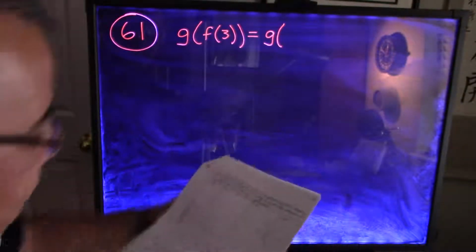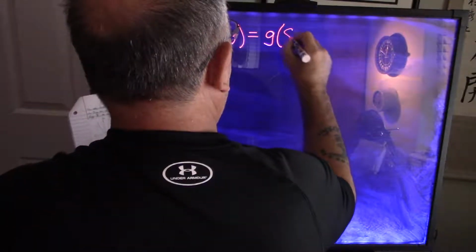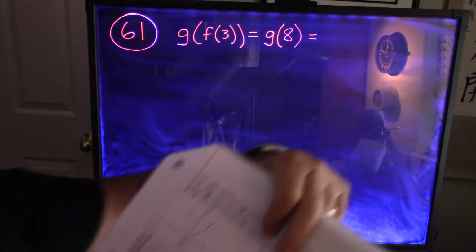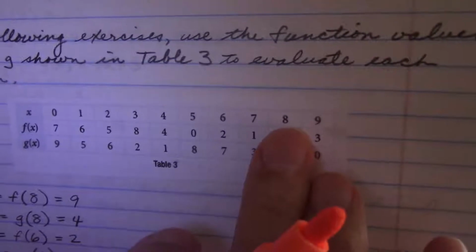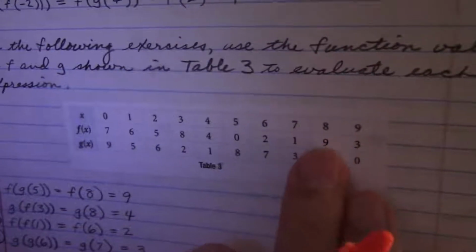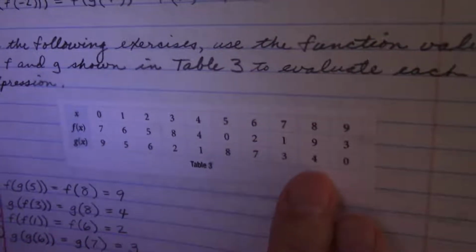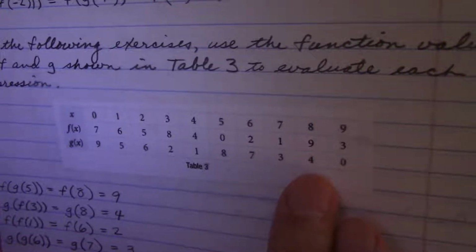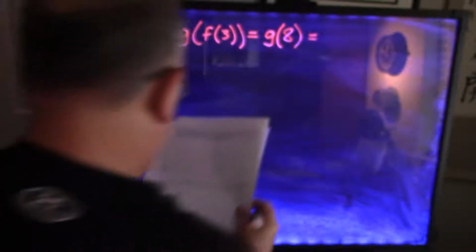Alright, so this becomes g of 8. And then for g of 8, find x equals 8 in the top row, right there. And then in the bottom row, the value for that is g of 8, which is 4. Alright, so that's your answer.